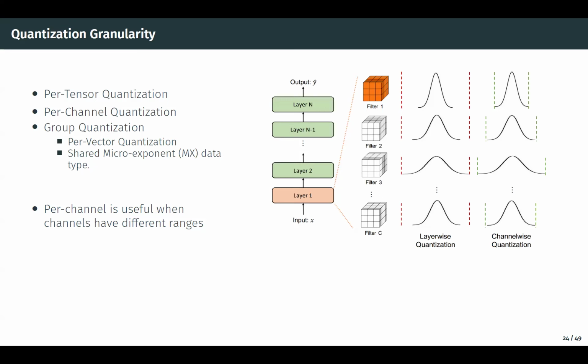But again, this depends on the characteristics of a layer of the model. Some layers have a high dynamic range, some layers have a low dynamic range. Then you cannot quantize all of them uniformly, using the same scaling factor for all the layers. So you choose based on the distribution of data for each of these layers.